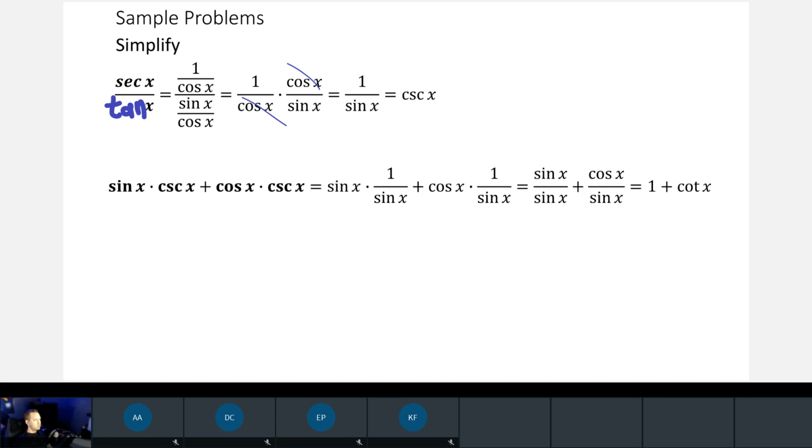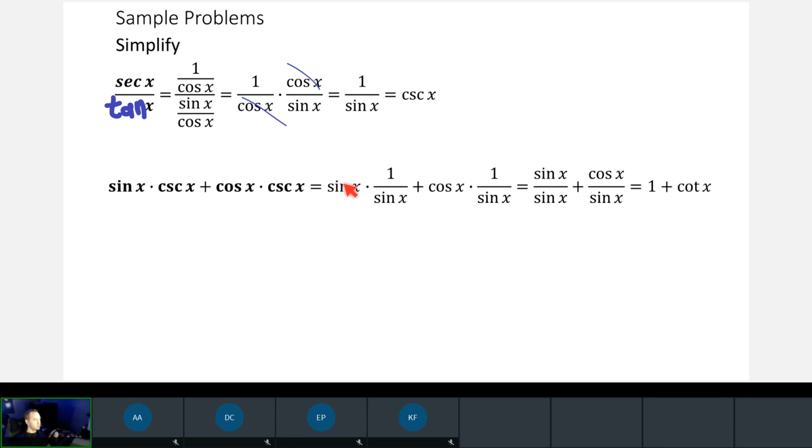So sine of x and sine of x cancel out. That's probably how I would have done it if I didn't type it out, because then you just get 1 here.